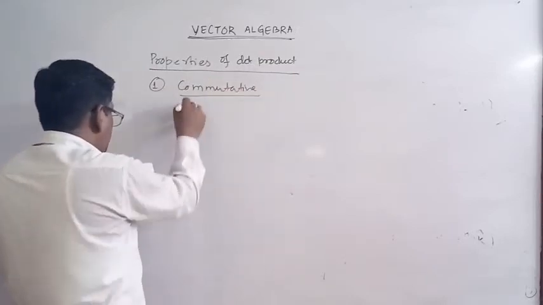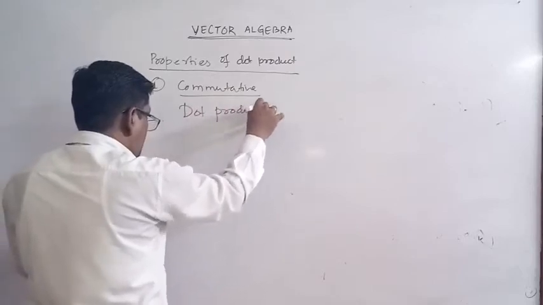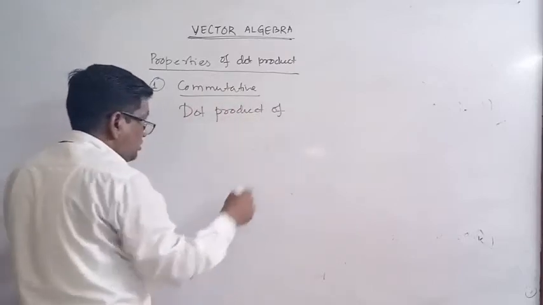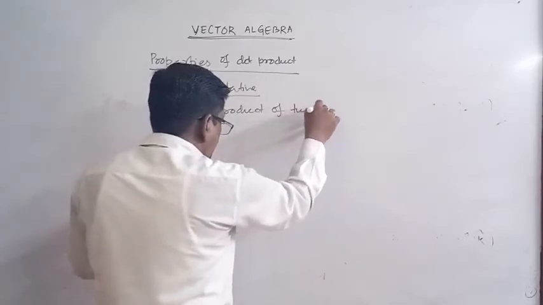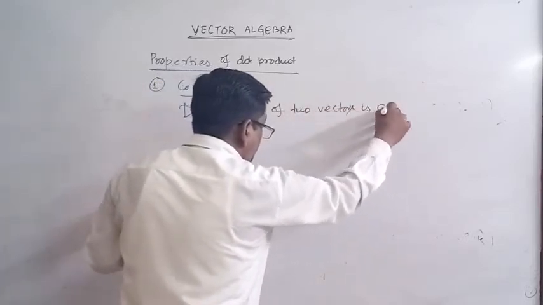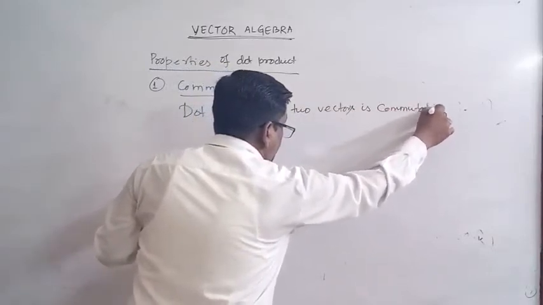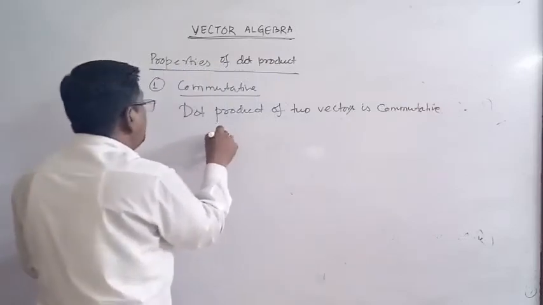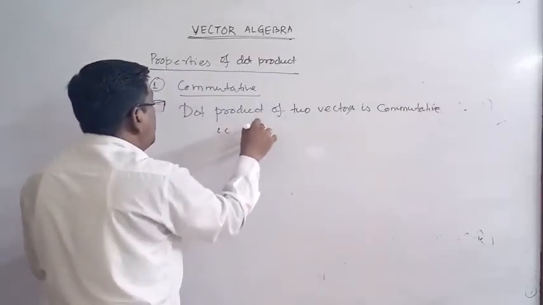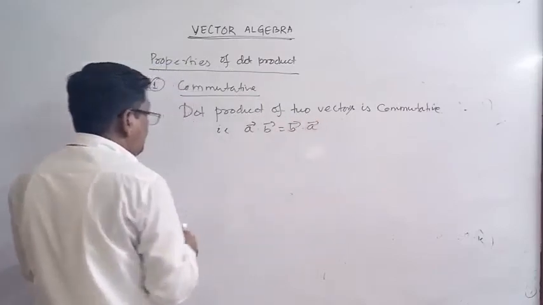The dot product of two vectors is commutative, that is A dot B is equal to B dot A. Okay.